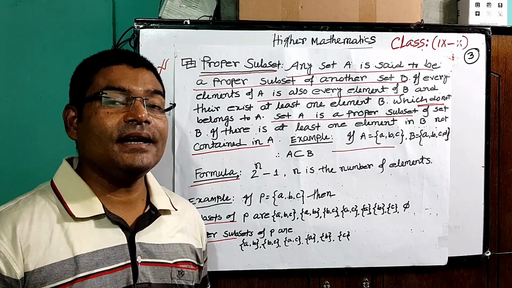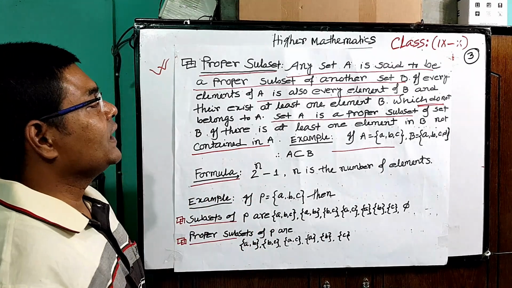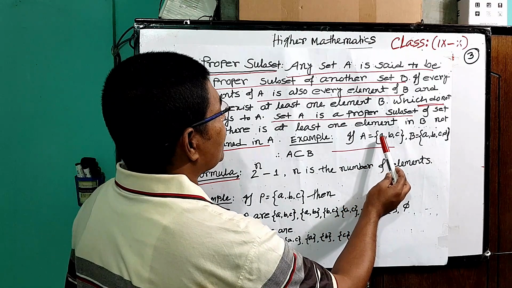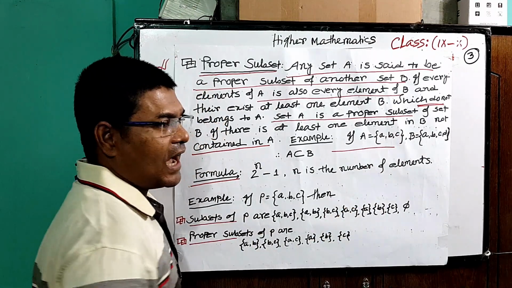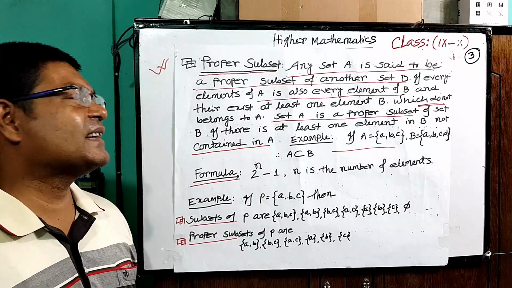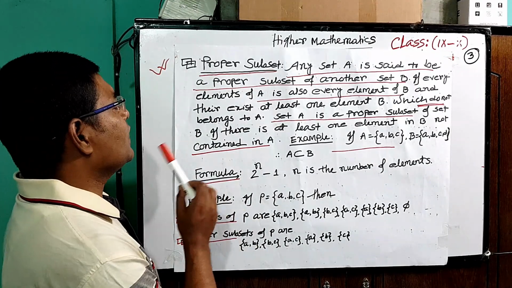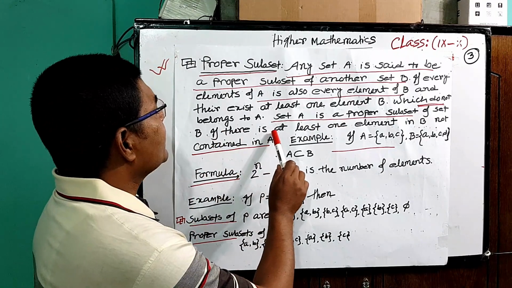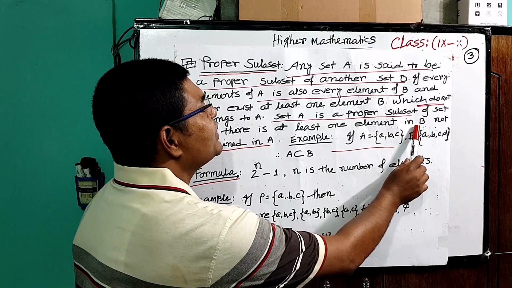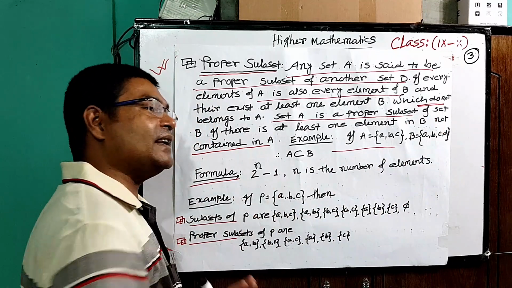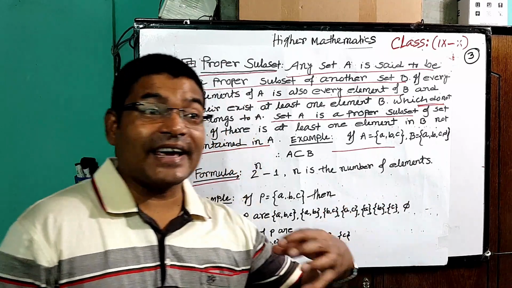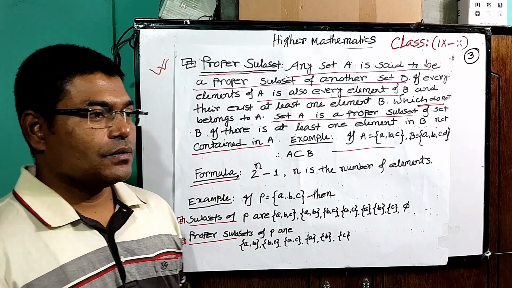Not contained in A. Be careful. You can see here is A, B and C. How many elements? Here is 3 elements. So according to the definition, at least one element in B is not contained in A. Okay?